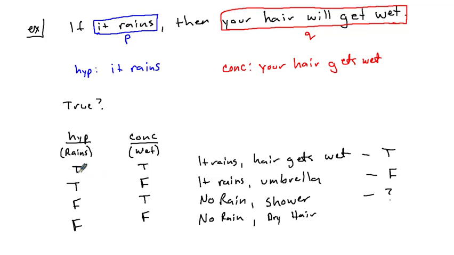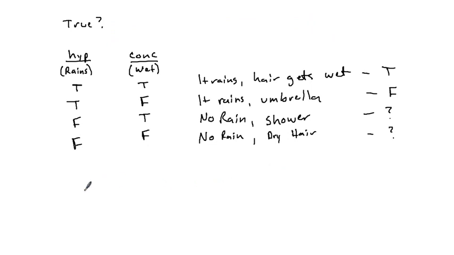What's important is that we think about what it means to be true and what it means to be false. This is going to be slightly uncomfortable for some of you, but that's okay. Anytime we have a pattern of false true or false false, those are automatically true statements.